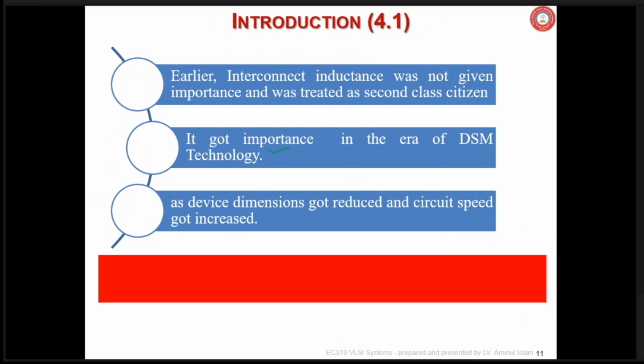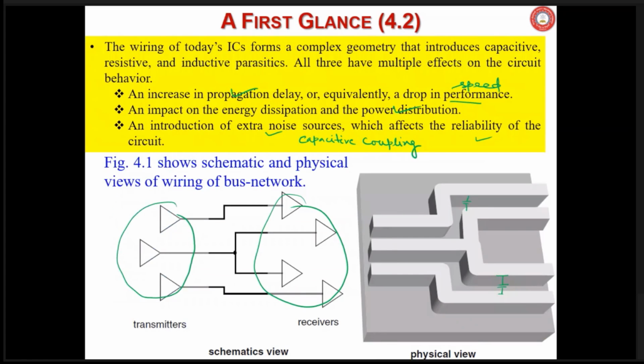Earlier, interconnect inductance was not given importance and was treated as a second-class citizen. It was not taken very seriously. It got importance in the era of DSM technology as device dimensions got reduced and circuit speed increased. See how interconnects may be made in a chip.